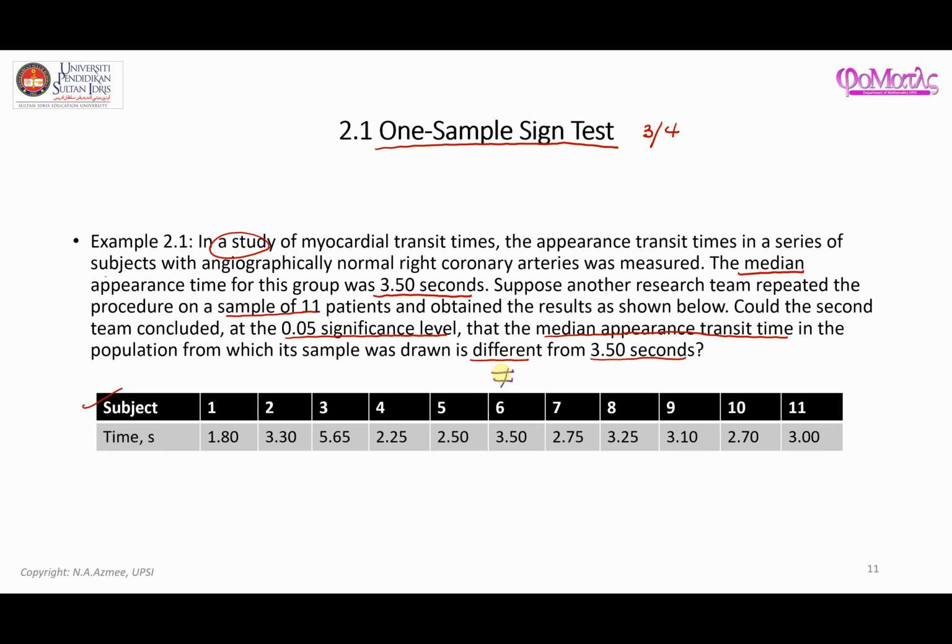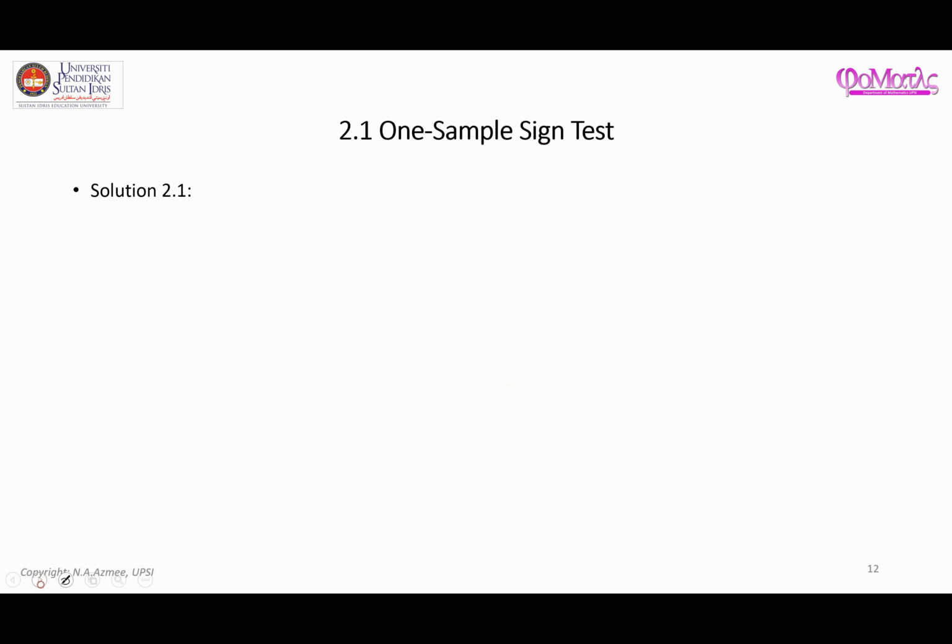Different means unequal, and clearly this statement corresponds to the alternative hypothesis. Since we know this is the alternative statement, we can come up with the complementary null hypothesis statement. So that's our starting point.